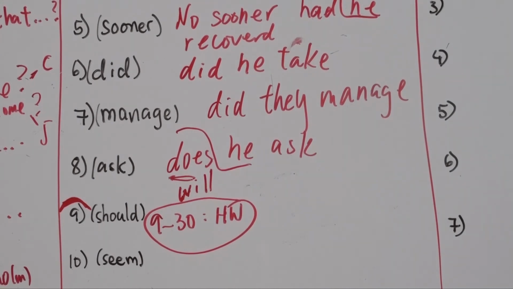Let me correct that, 9 to 30 is your homework. Alright, so again, just to make sure you understand, we have emphatic structure, right?